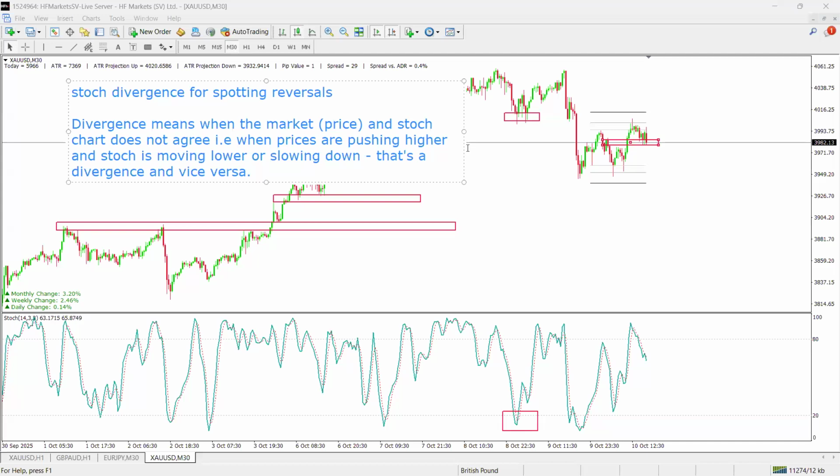We have two types of divergences on stock: the bullish divergence and the bearish divergence. I'm just going to write it out for you. That's what we call a bullish divergence.